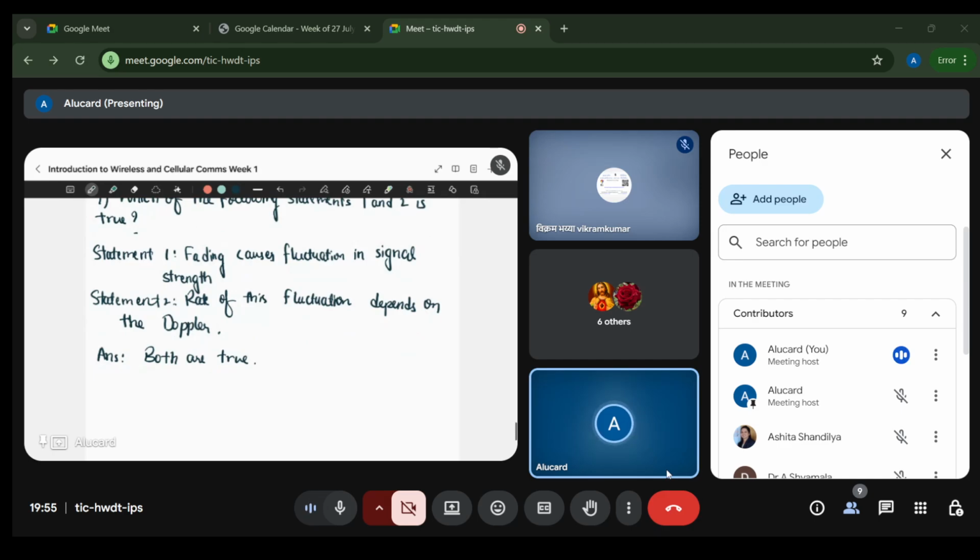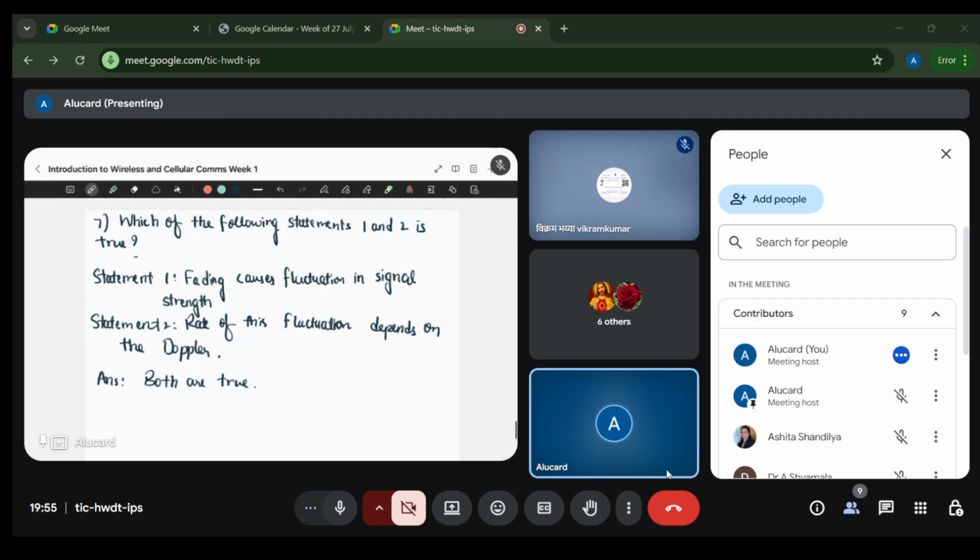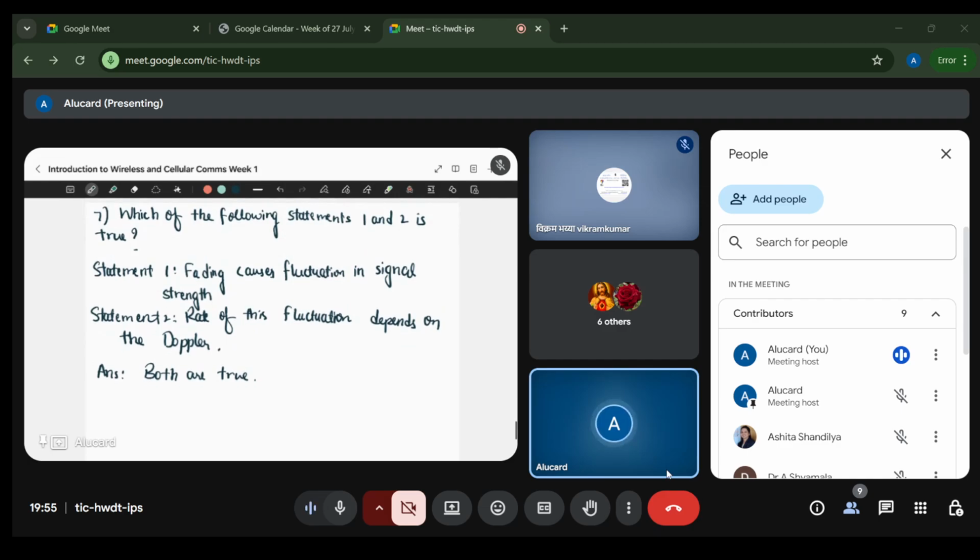This happens in wireless communication when there is a relative movement between the transmitter and receiver, which causes a Doppler shift in the frequency of the received signal, and that can change depending on the path that this received signal is taking. So you can have multiple multipath receptions, and in each path the Doppler can be different.